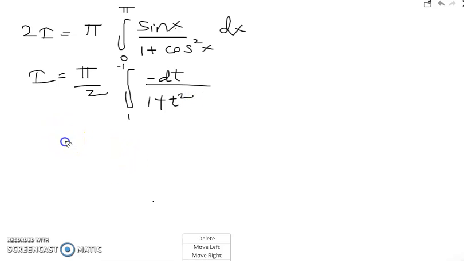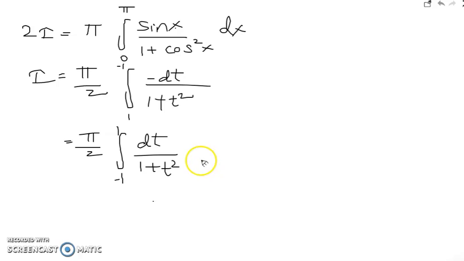Okay, is equal to pi by 2. Now we want to change this minus value, we want to make this plus. So upper limit will become lower limit and lower limit becomes upper limit. Minus will become plus. Integral from minus 1 to 1 of dt by 1 plus t square, right?